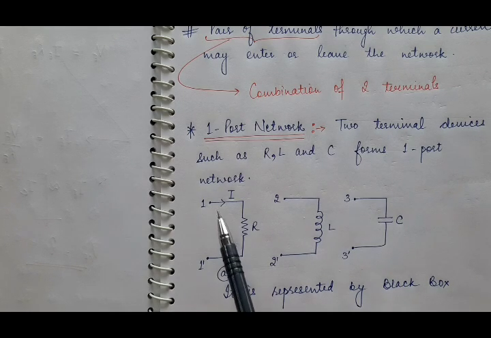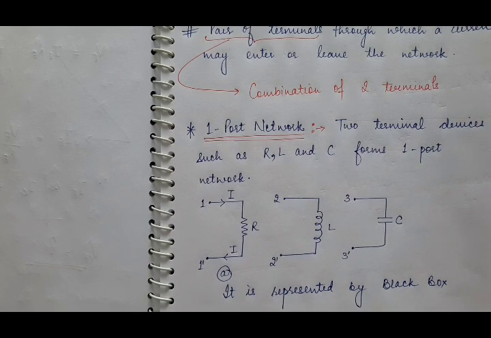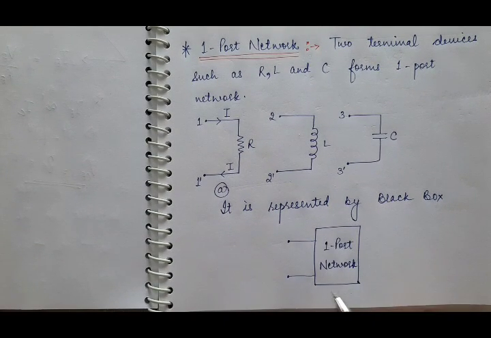According to the sign convention, current entering the terminal is taken as positive, and current leaving the terminal is taken as negative. Then this whole network is represented by a black box, which consists of a one-port network having two terminals.